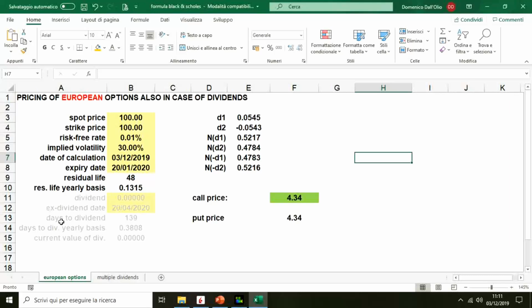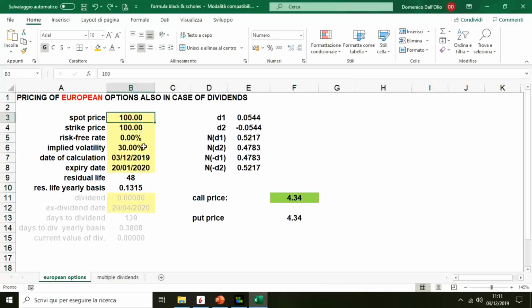Anyway, let's ignore the part about dividends and focus on the regular use of the Black-Scholes formula. So we have the spot price, the strike price, the risk-free interest rate, the implied volatility, the day of the calculation, the expiry date, and then the residual life, and the residual life on a yearly basis are automatically calculated by the spreadsheet.